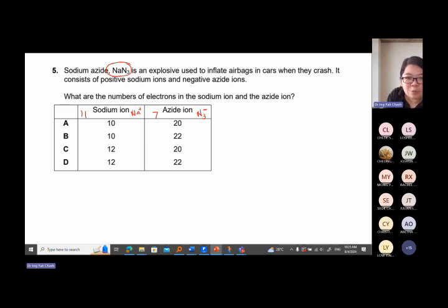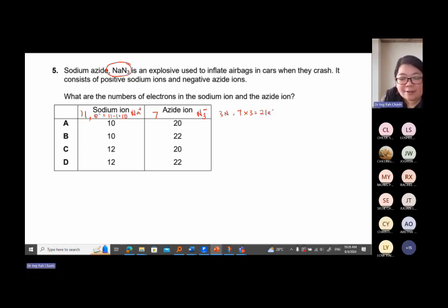It loses 1 electron for sodium. So the number of electrons will be 11 minus 1, 10. Now for nitrogen, you have 3 nitrogens here. That means, for N3, you need to multiply the number of electrons by 3. So total 21 electrons.